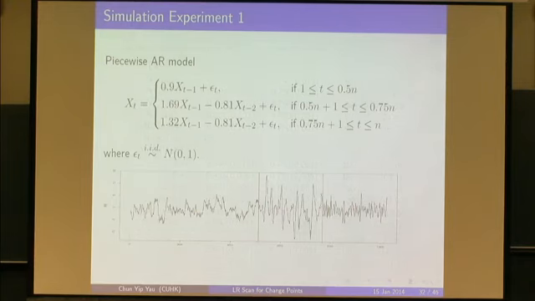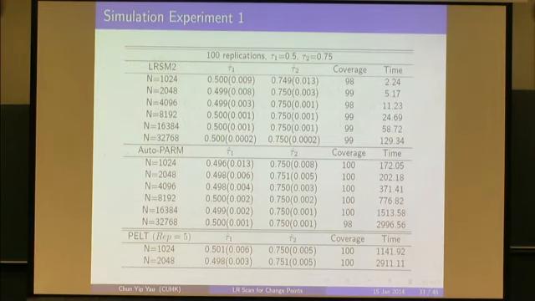So this is the same as the previous, but I'm looking more closely at the estimation of the location of the change point, and I'm also making a comparison with the AutoPARM and the PELT, which is the dynamic programming.